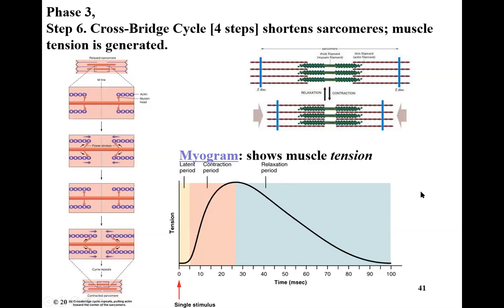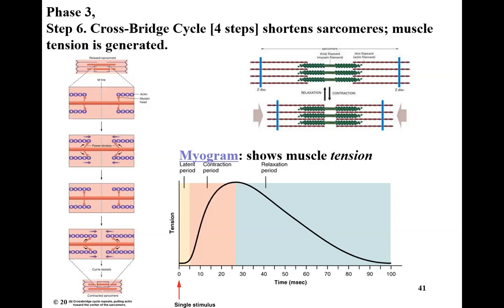Another way of looking at this, which is actually what you guys will be looking at more tomorrow in lecture as well as in the PhysioX exercise, is this. This is called a myogram. And in the PhysioX, you're going to be looking at what's called an oscilloscope, essentially reading the tension that is generated by a muscle cell or an entire muscle given different conditions.